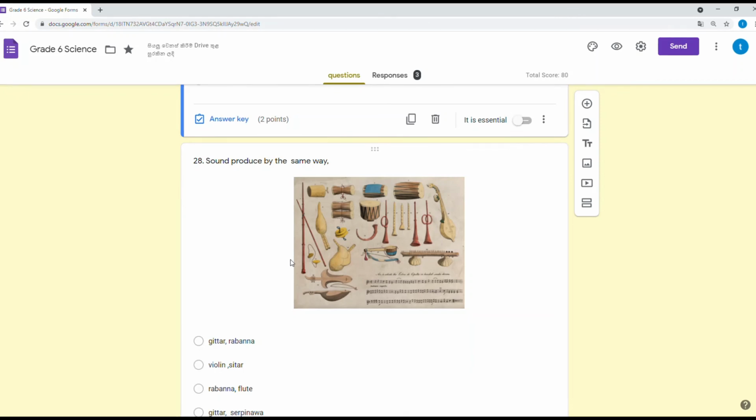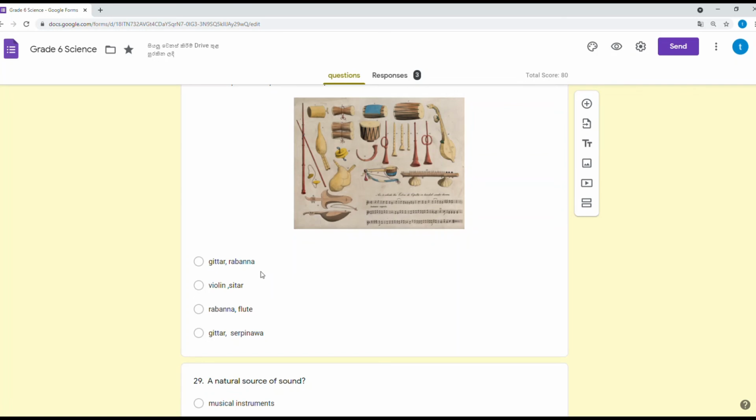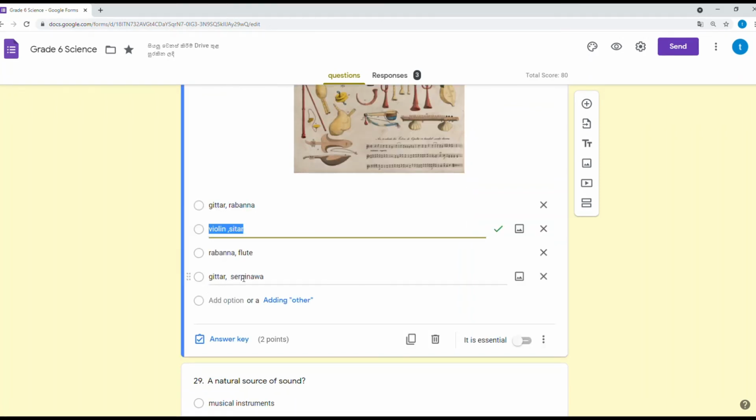Some have an air column, and by blowing them we produce sound. Likewise, three types. In my question, I ask about producing sound in the same way. Here the guitar and the rabana are two different things. The guitar has a string, the rabana a membrane. So wrong. Violin and sitar both have strings, string instruments really. So your answer is the second one.